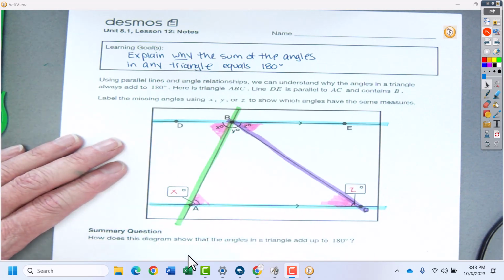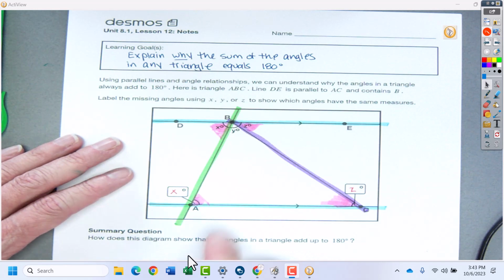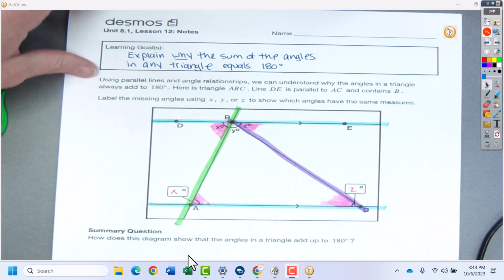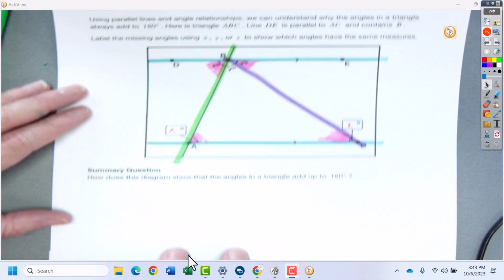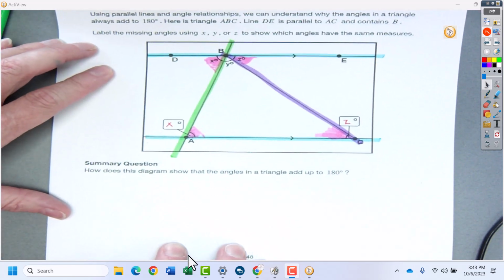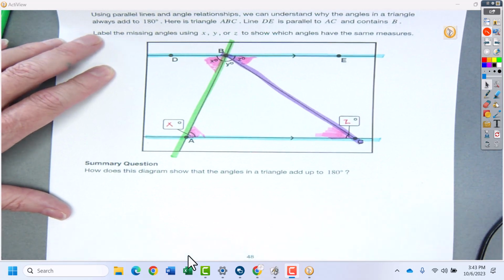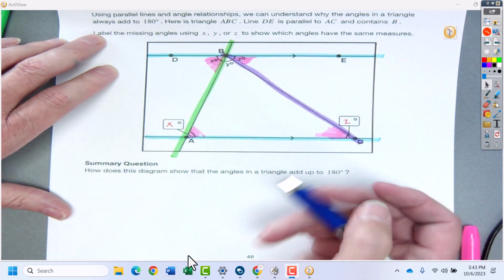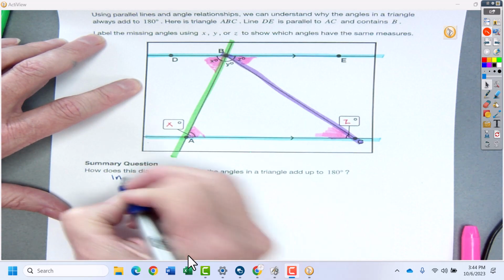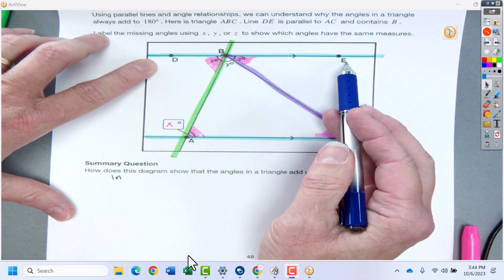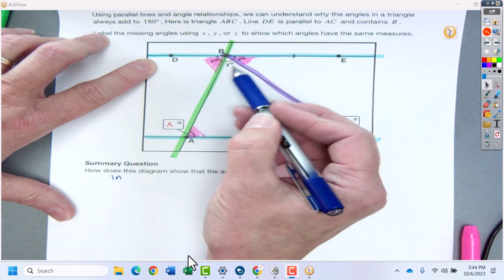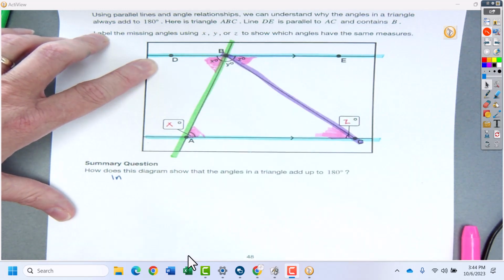So now that all of those are labeled, I should be able to piece together why this triangle has angle measures of 180 degrees. Let me scooch down to the bottom here. That's our summary question. How does this diagram show that the angles in a triangle add up to 180 degrees? Well, in this line at the top, I know that x plus y plus z has to equal 180.